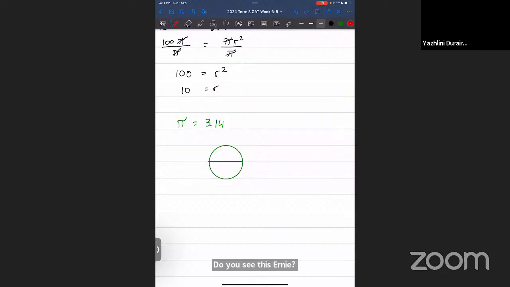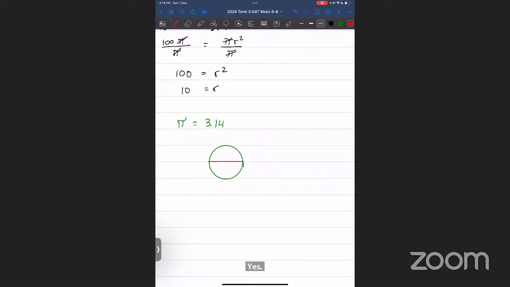And if you were to take that same string and put it around a circle, what they realized was that it goes around exactly 3 times and a bit.